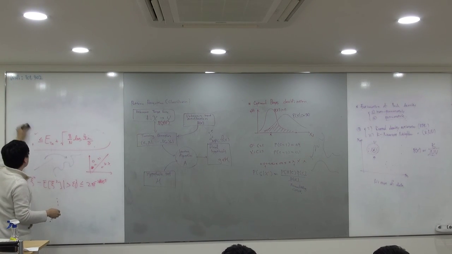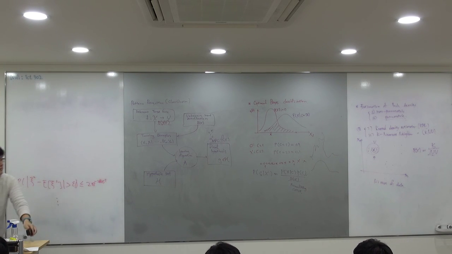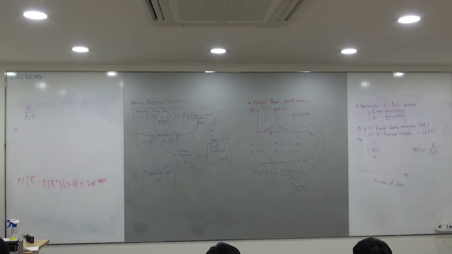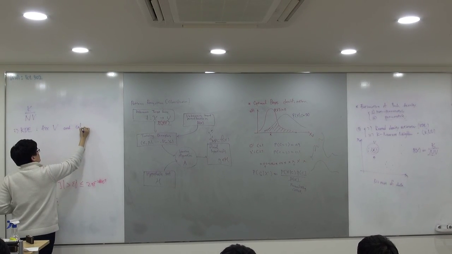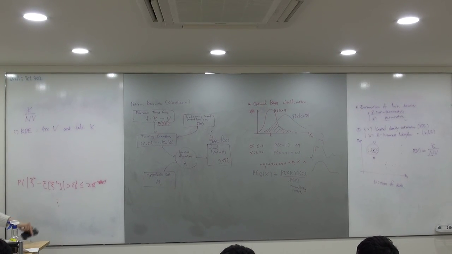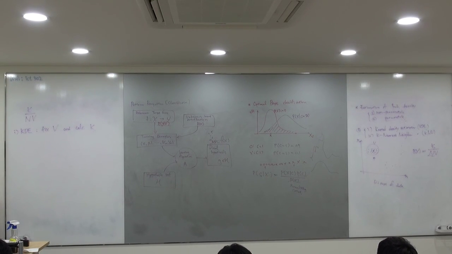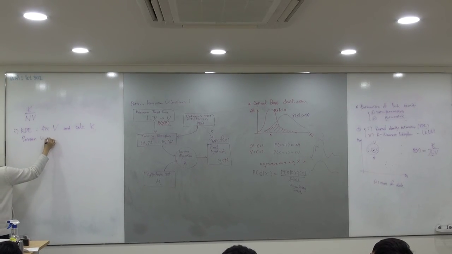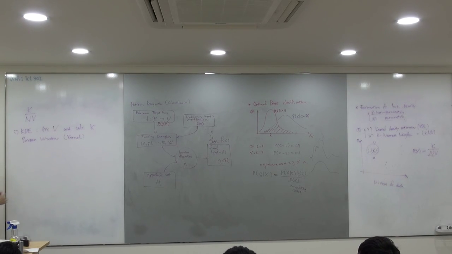So for the kernel density estimator, for KDE, what we do is fix V and calculate K. The most basic one is the partition window, and it's very simple.